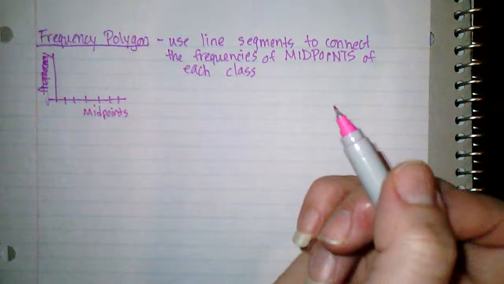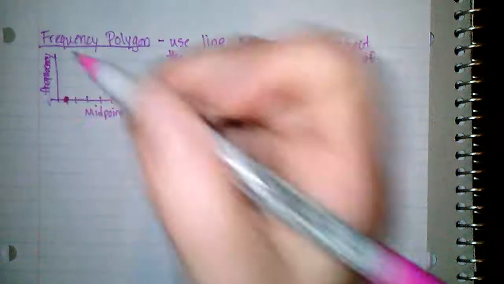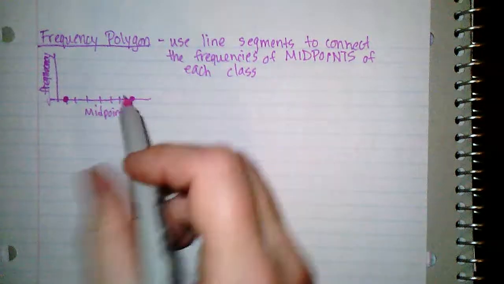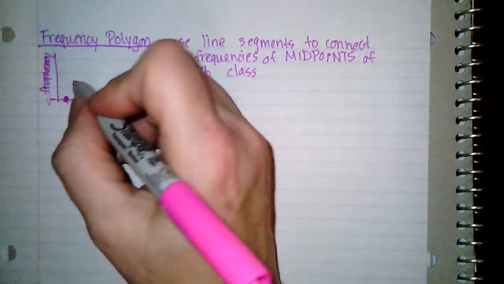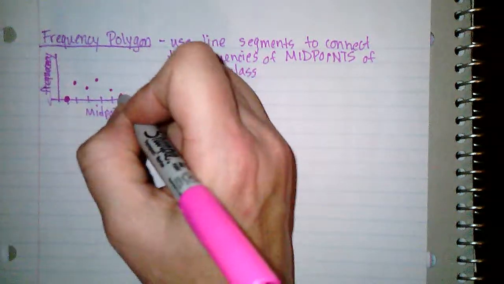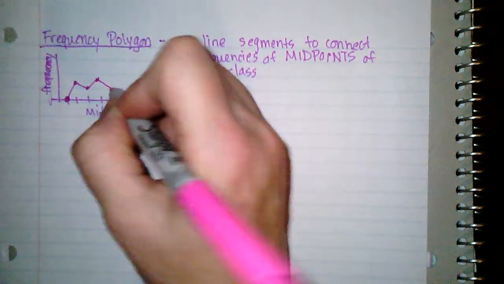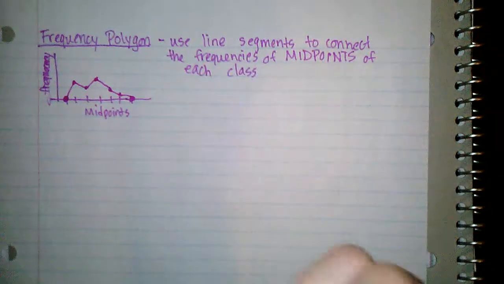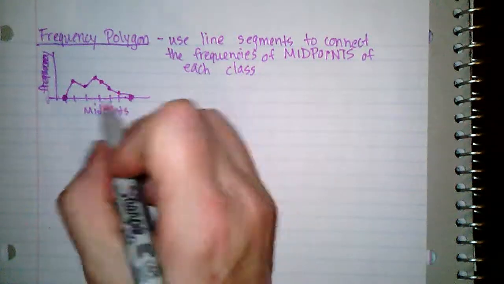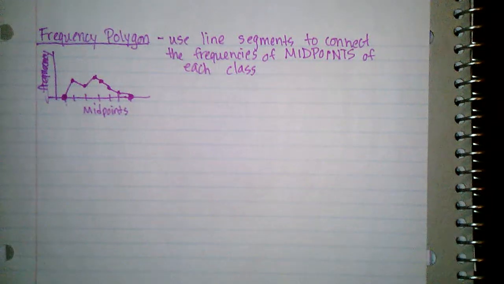You're going to need to create 2 additional midpoints, because a frequency polygon begins and ends on the 0 mark. So we'll have frequencies in different places, and then you connect the dots using straight line segments. But you begin and end on the horizontal axis, on the x-axis.